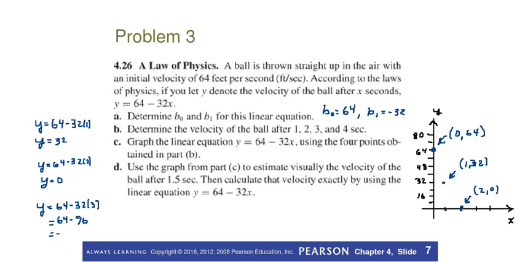It's equal to negative 32, right? So we would go down to negative 32 at 3 seconds here. Finally, at the 4 second mark, y equals 64 minus 32 times 4, which is like saying y equals 64 minus 128, you get negative 64, right?